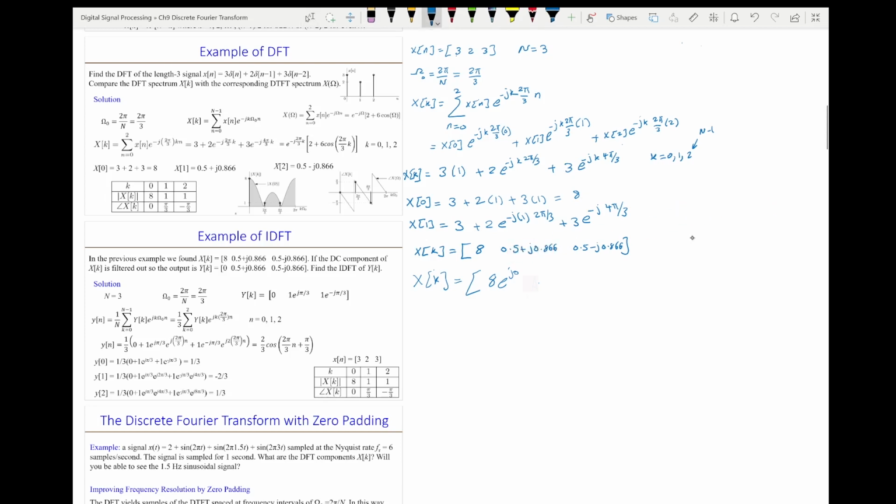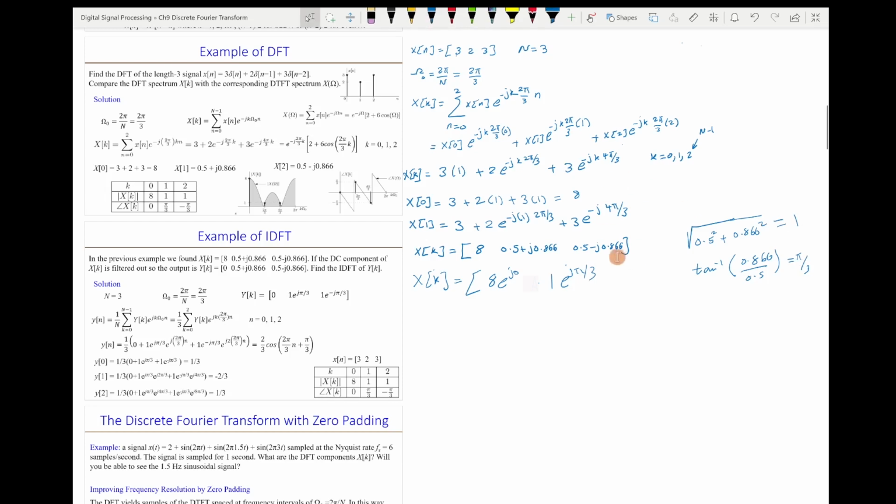Just to remind you, the magnitude will be the square root of 0.5 squared plus 0.866 squared. And if you do this, you will get 1. And the phase will be tan inverse of the imaginary 0.866 divided by the real 0.5. And if you do this, you will get pi over 3.